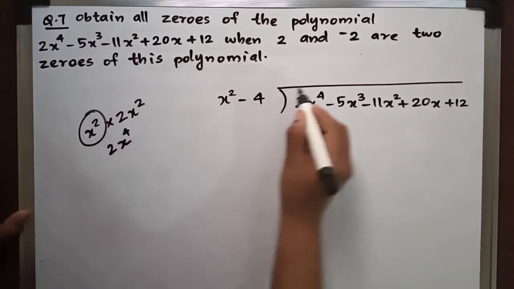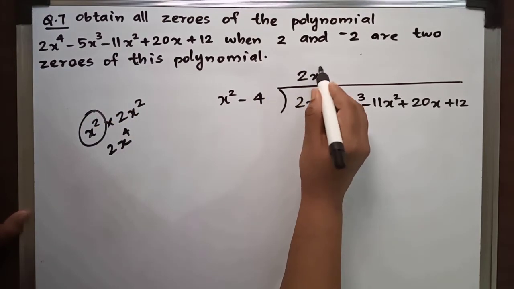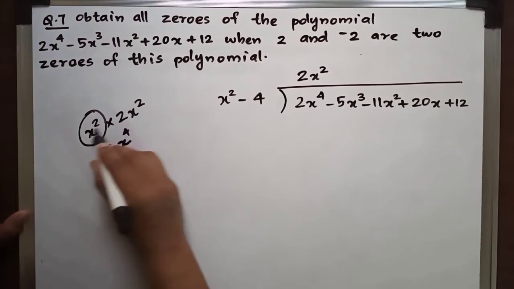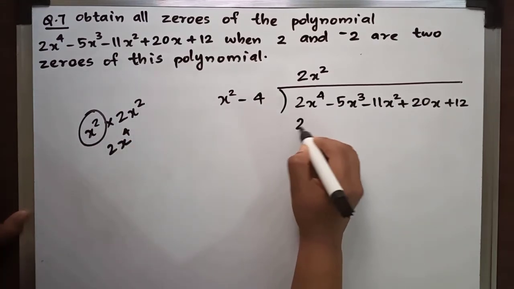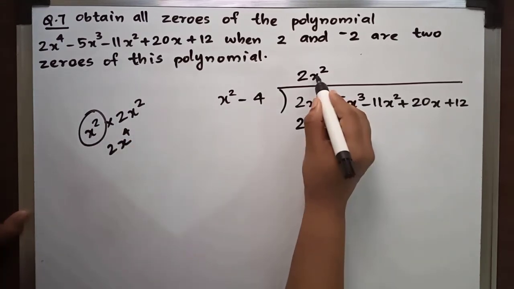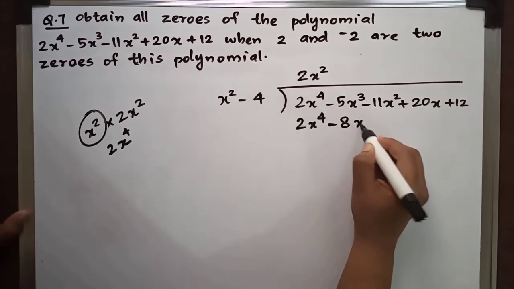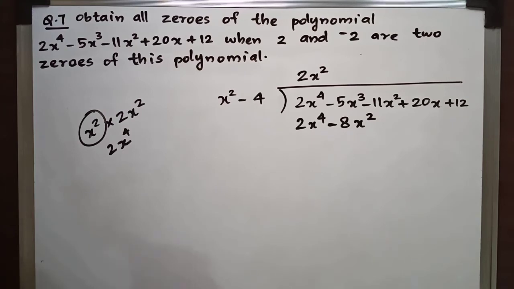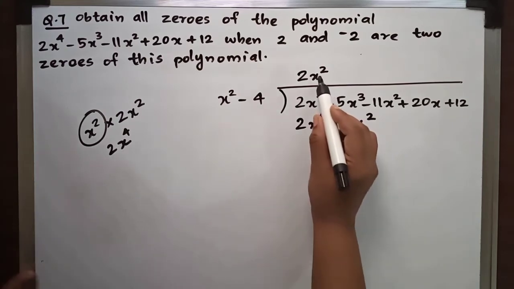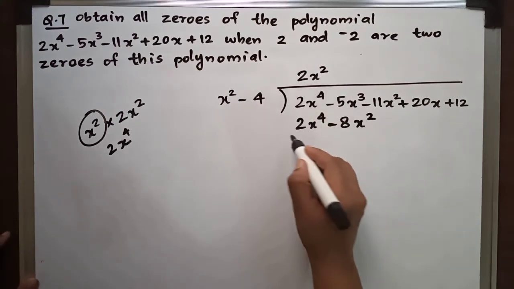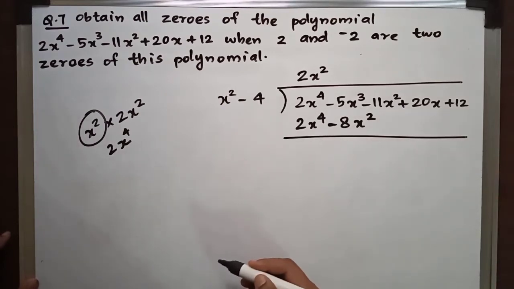So the first term of this quotient is 2x square. 2x square into x square is 2x raised to 4. 2x square into minus 4 is minus 8x square. Now we are going to subtract.